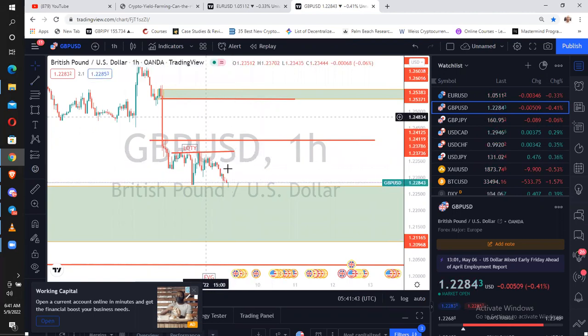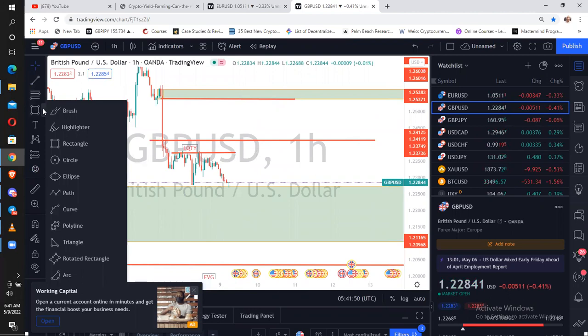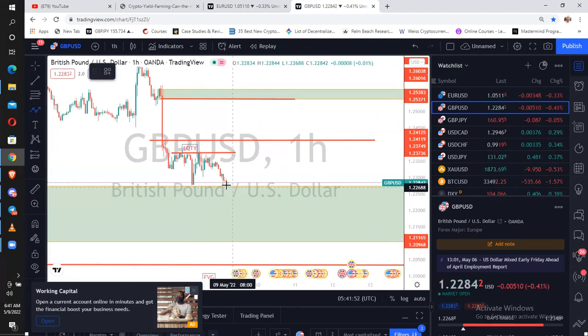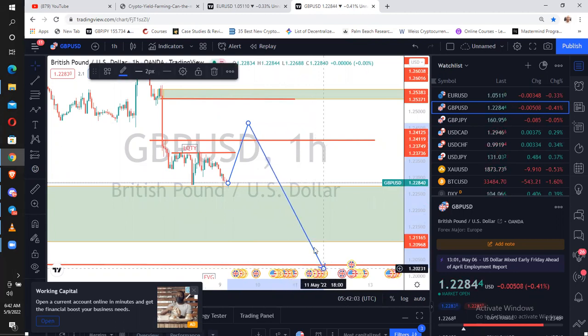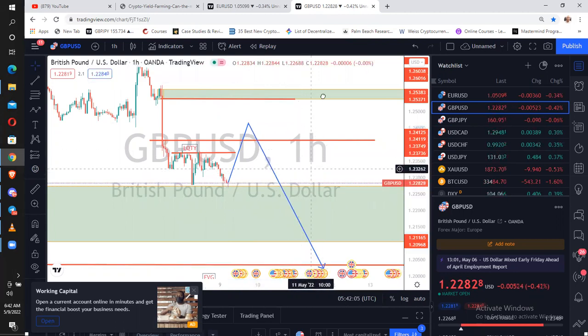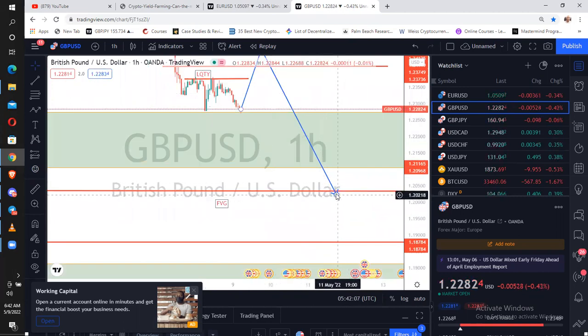So I would like to see this movement up into this place, then smash down. I follow them down to wherever they are going. So this is what I'm expecting. And I want to see them trade into this FVG.